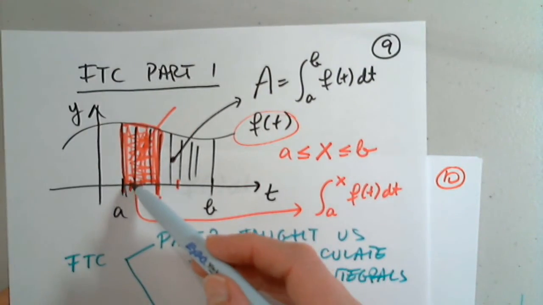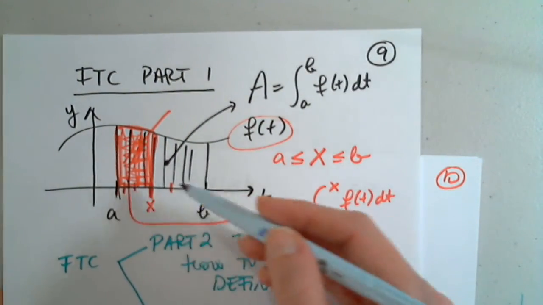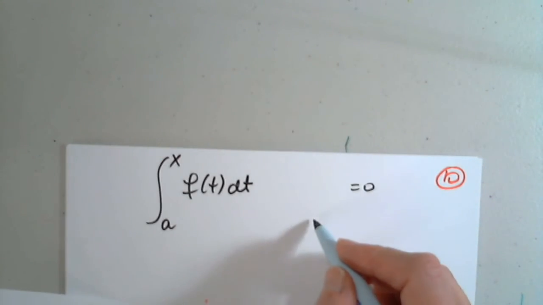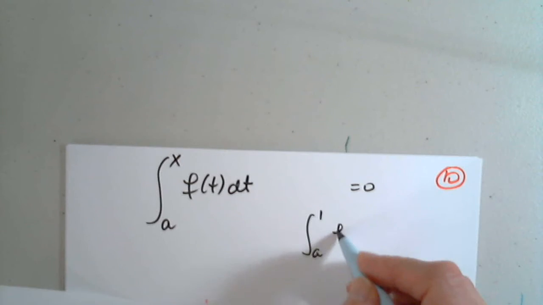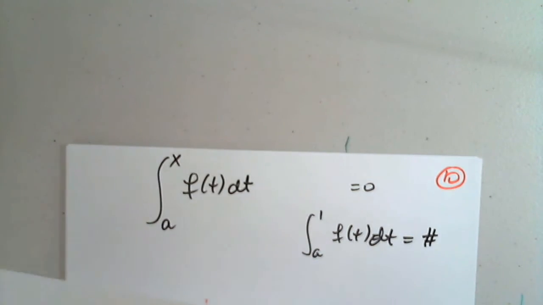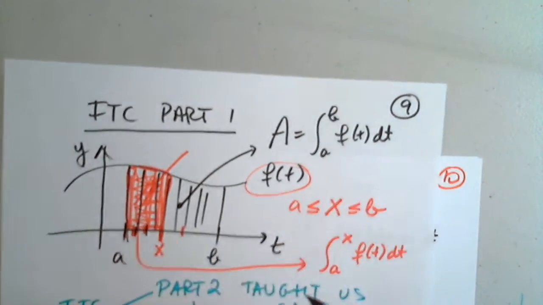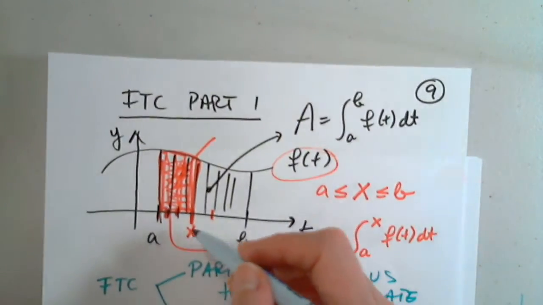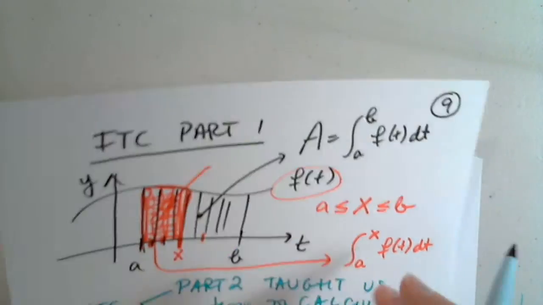If this x is, let's say, 1, I don't know what a and b are, but let's say 1, then you will say the integral from a to 1 of f of t dt, of course, is another number. Then if x is 2, you will say the integral from a to 2 of f of t dt is another number. If x is 3, and I can continue forever.